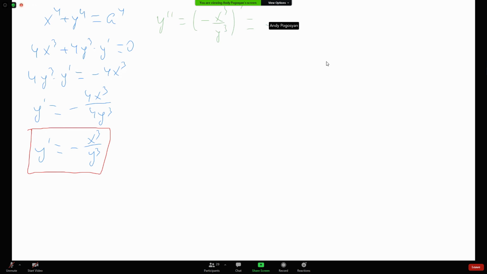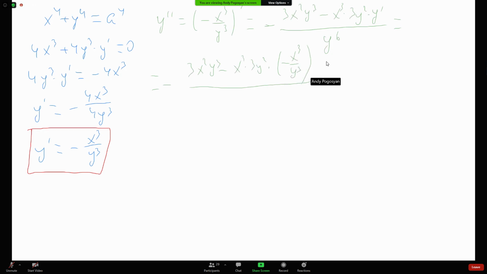Negative, quotient rule: 3x squared y cubed minus x cubed times 3y squared times y prime over y to the 6 equals negative, and we substitute negative x cubed over y cubed instead of y prime, over y to the 6.